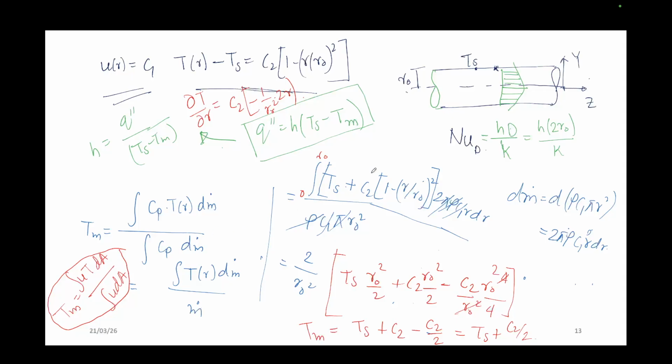This is the same formula. U means your temperature profile, and A you need to convert into R. All these things you need to convert into R. After that you need to do. I find this thing easy. Maybe some students say that they find this thing easy. It depends on student to student. Okay.